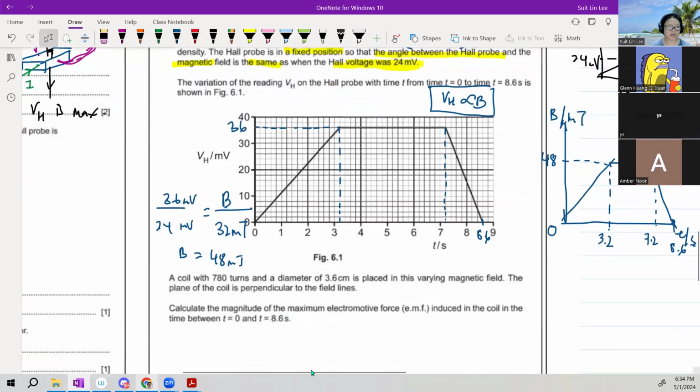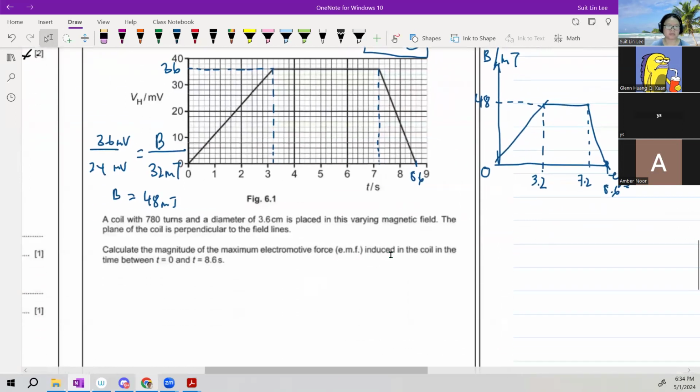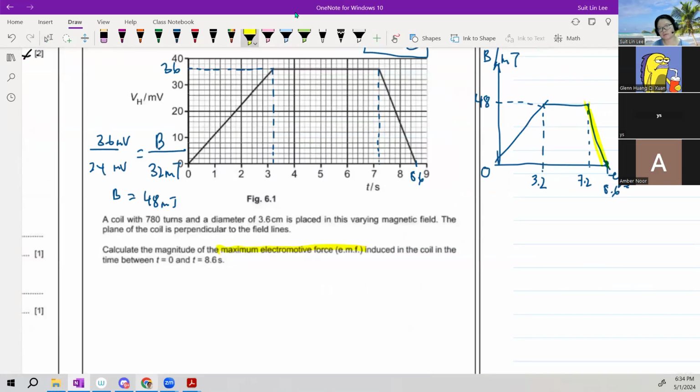So we can calculate the maximum EMF by looking at the maximum gradient, which is here. Because if you want to find EMF, they gave us N and they gave us the diameter of the coil.